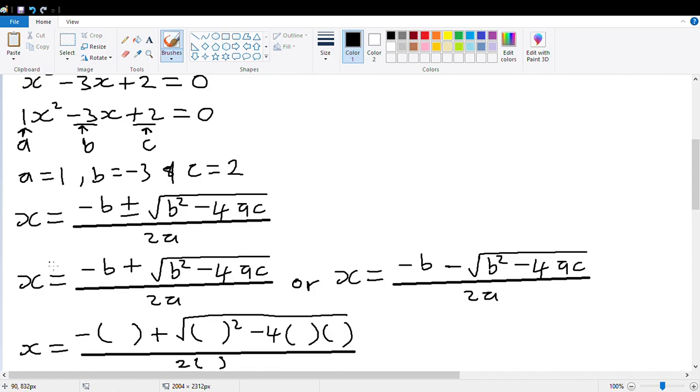For instance, when the value of b is negative, they forget to put this negative here. So now it's just a matter of substituting our values, then we get the values of x.